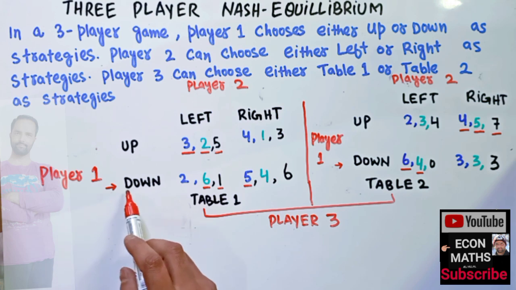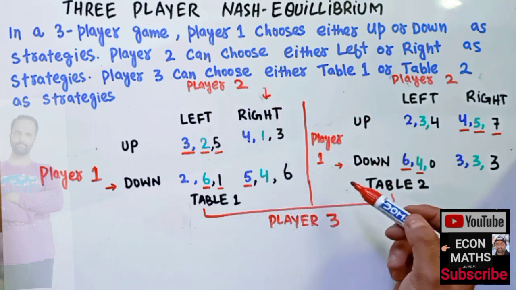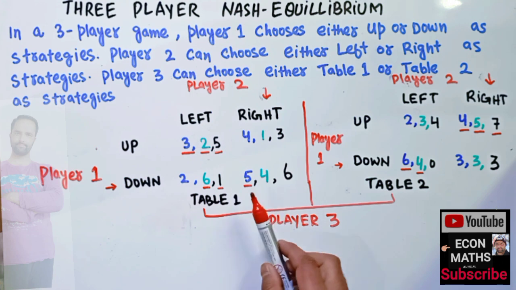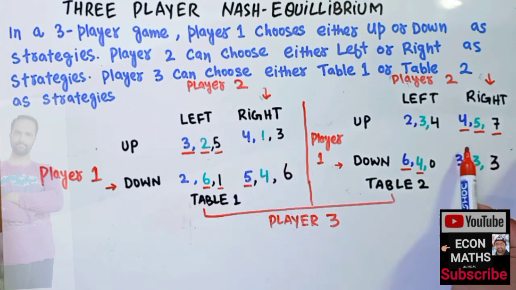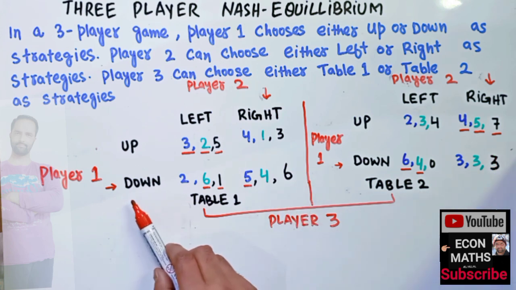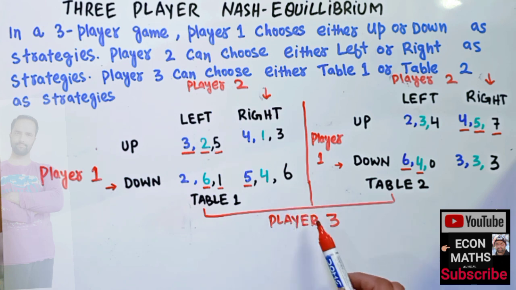Again let us say player 1 goes down, but this time player 2 goes right. Here also player 1 goes down and player 2 goes right. What are the options for player 3? Either to go for this cell or to go for this cell. Here when player 1 has chosen down, player 2 has chosen right, the payoff for player 3 is here 6.